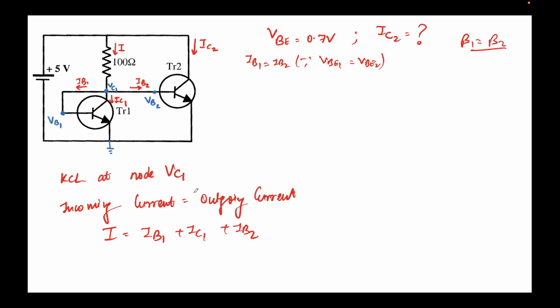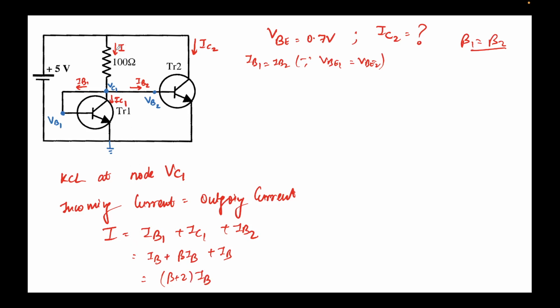So I'll simply write this as IB, and since beta 1 equals beta 2, I can write this now as beta IB plus this will also be IB. So I will be equal to beta plus 2 times IB. Okay, this is the value of current I that I have obtained.